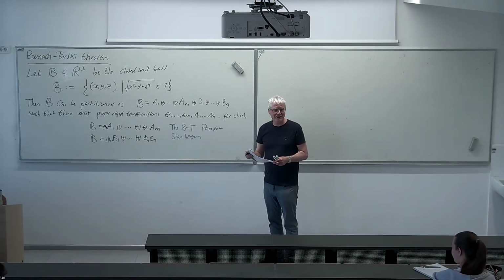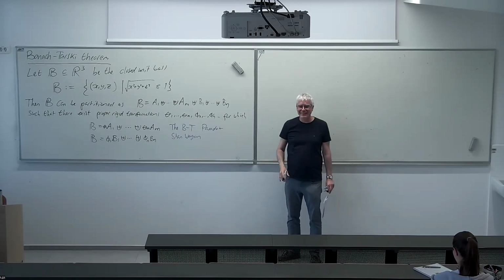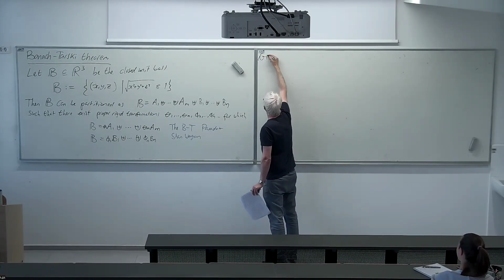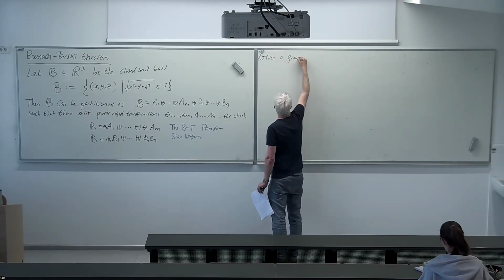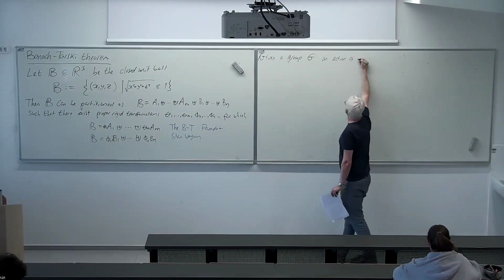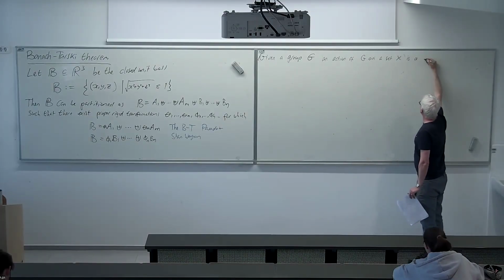Does anyone know? Hands up if you know what a group is. Okay, good. Right. So given a group G, an action of G on a set X is a map.